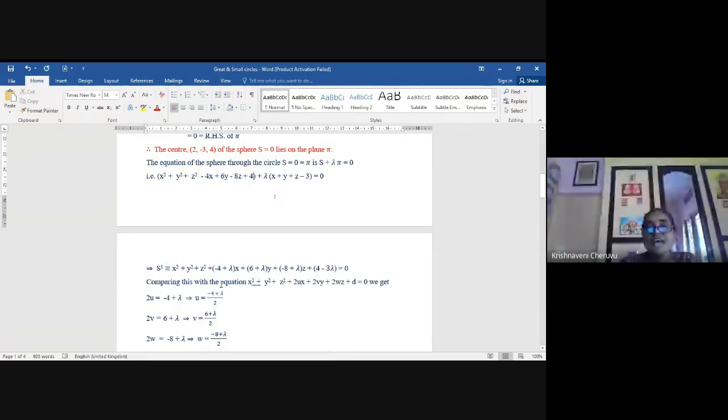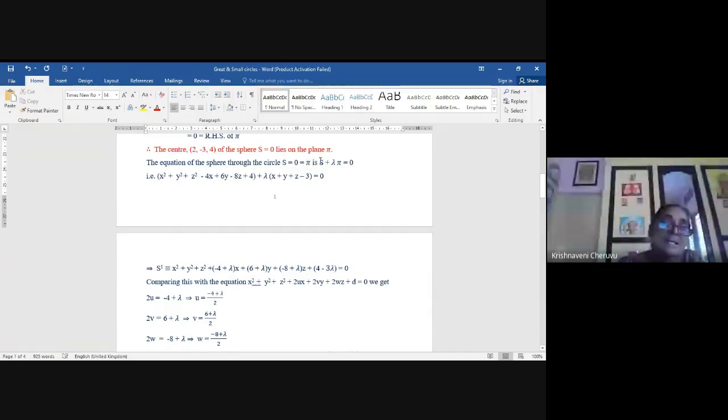This sphere is passing through the given circle. Given circle means you are given a sphere and a plane. That sphere is S. This sphere is S dash. I'm finding out a new sphere which passes through the given circle. In the given circle, already you have a sphere, and that sphere and the given plane, when they intersect, you get a circle.